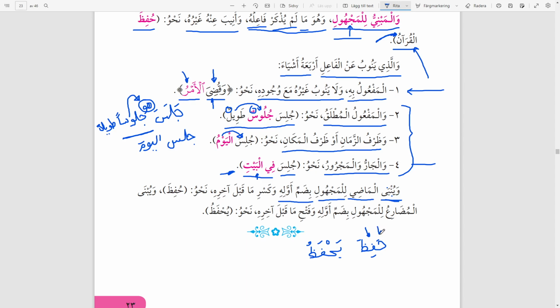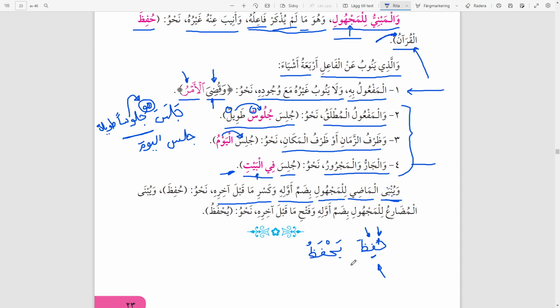This one gets a ضمة. وكسر ما قبل آخره. It already had كسرة. So it becomes حفظ. From he memorized, it became it was memorized.